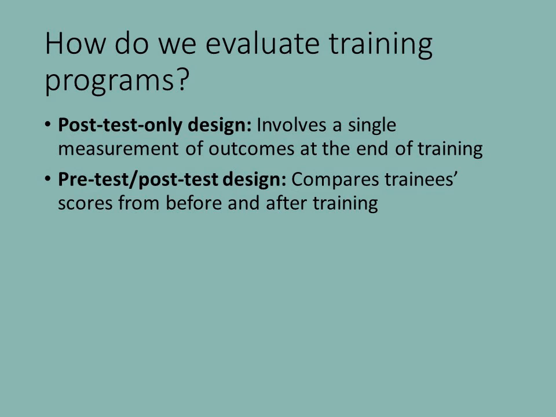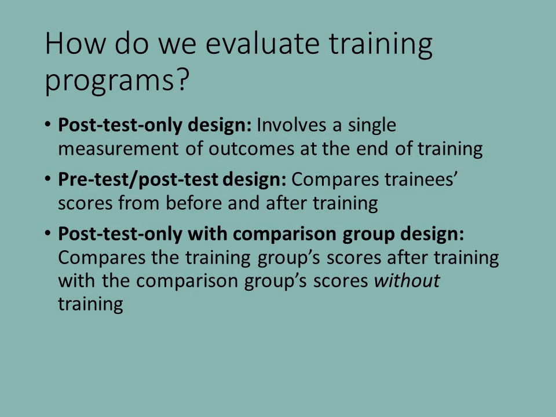However, without a control group, we can't be sure that the training program we are evaluating was the cause of this change. An increase in productivity, for example, might have been caused by a change in management, not the training program.